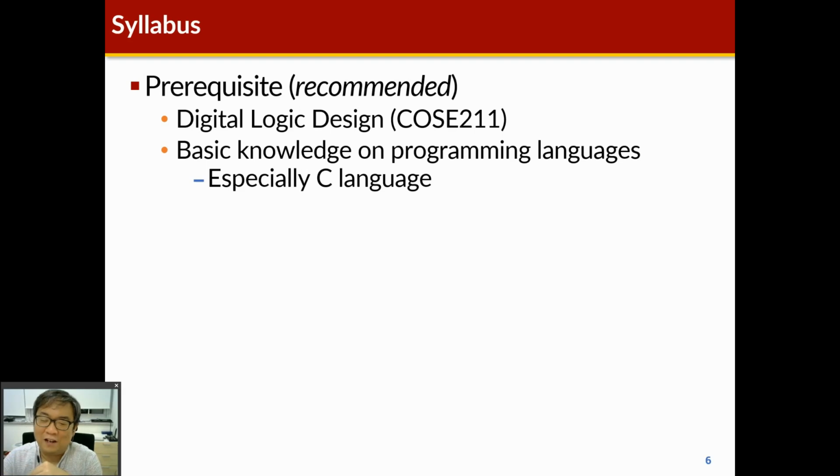C is also a high-level language like Python, but C is closer to a system-level language. Most operating systems, such as Linux or Unix, are written in the C language. So if you have knowledge of C, then you can easily understand the structure of computer programming or system programming.